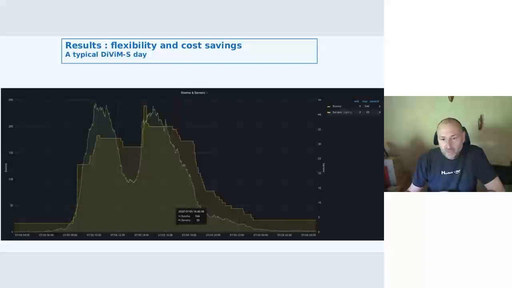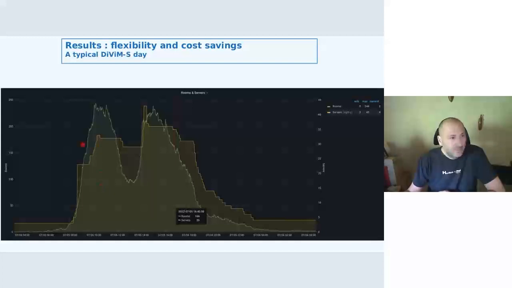The number on the left, the number of servers available at a given time, is constantly evolving and dynamically adapts to the load or to a forecasted schedule. In the latter case, in order to compensate for an evolution that is too fast for DiViM-S to react automatically.